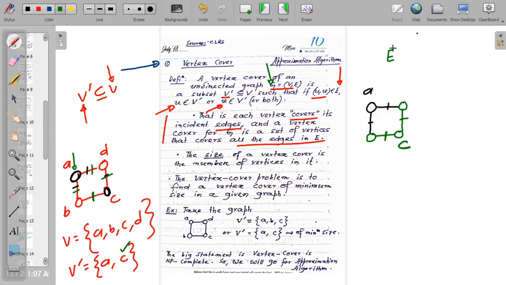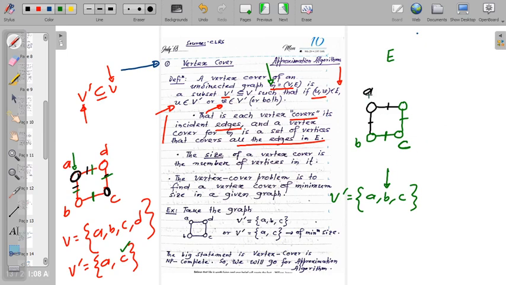Now we can say that V prime could be A, B, and C also. If I include these vertices, then A is covering these edges, C is covering these edges, and B is redundantly included.